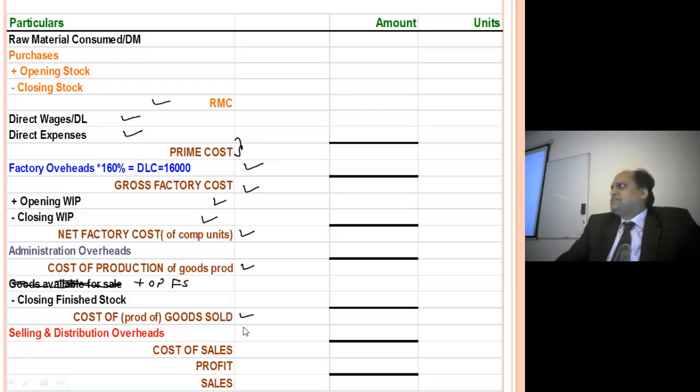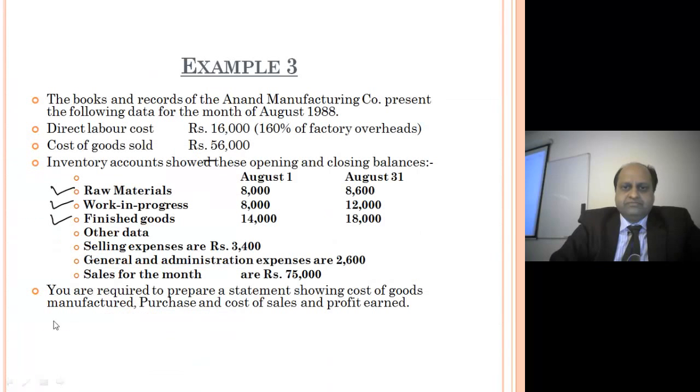And to this we add selling and distribution overheads to obtain cost of sales, to which profit is added to obtain the figure of sales. So this is how we are going to make this cost sheet. Fine. Now the question.